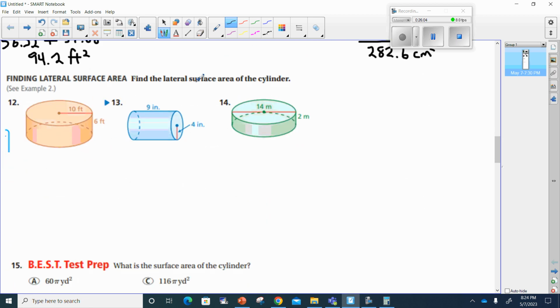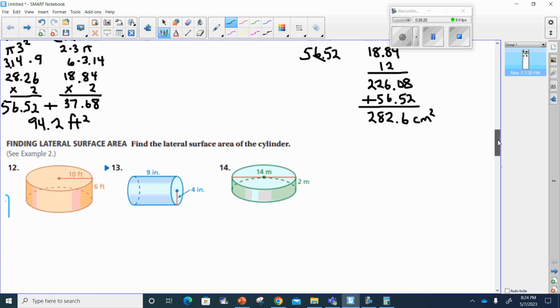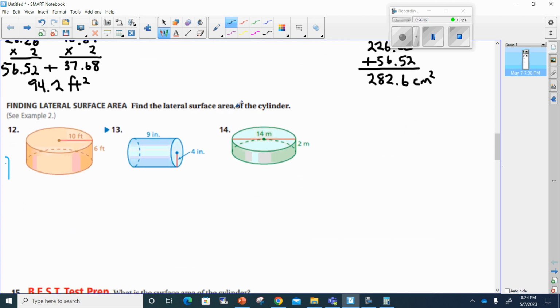Number 12 says find the lateral surface area of each cylinder. The lateral surface area of the cylinders. Okay, and that's a little bit different than what we got here. This one was find the surface area of the cylinders. This one's saying to find the lateral surface area of the cylinders.